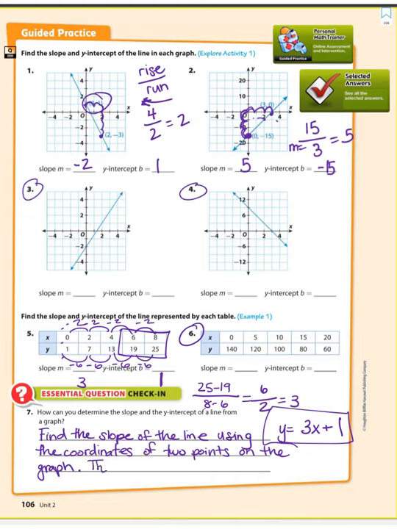Then find the y-coordinate of the point where the graph crosses the y-axis.